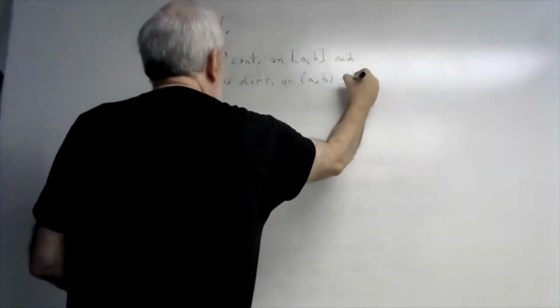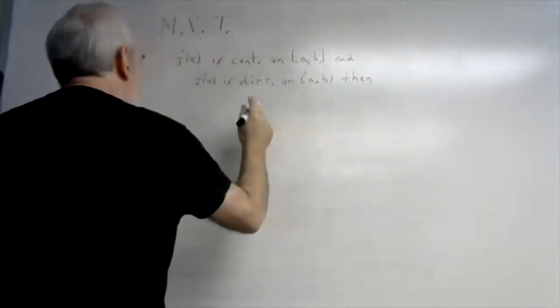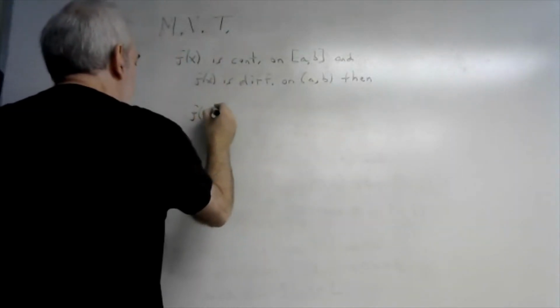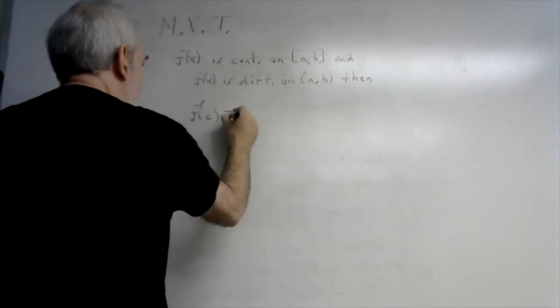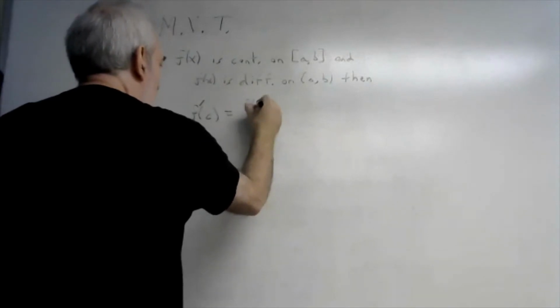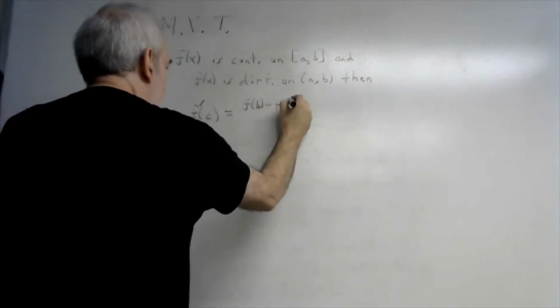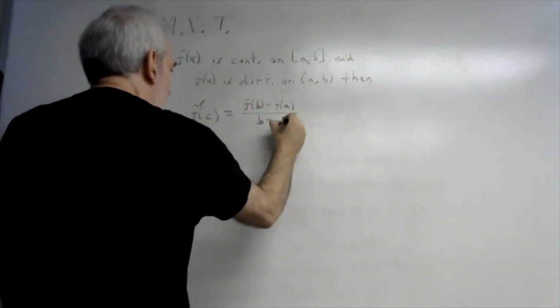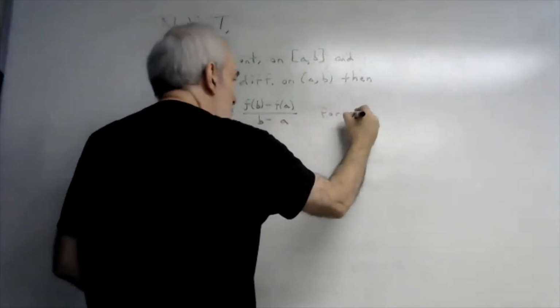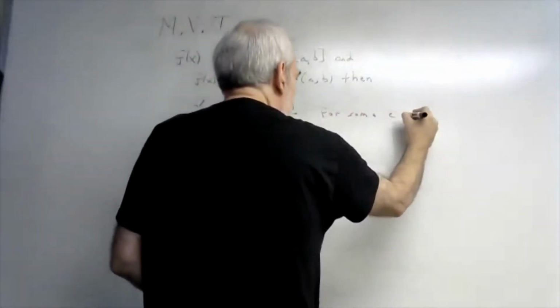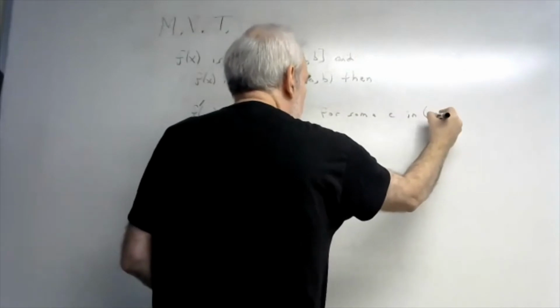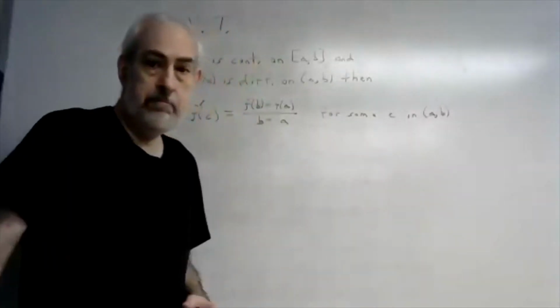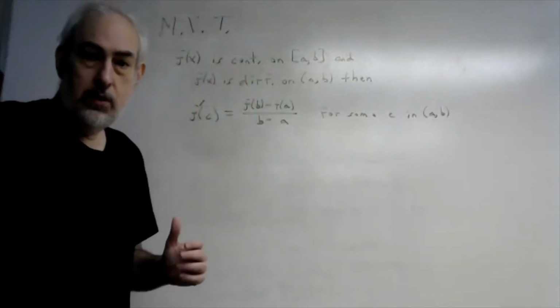So our conclusion is going to be a little bit more complicated. The derivative of f at c is going to equal f of b minus f of a over b minus a for some c in the open interval a to b. Okay, so what does this mean?